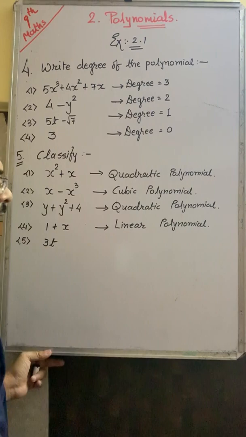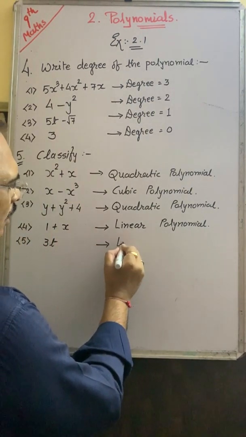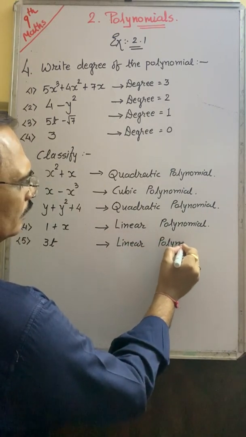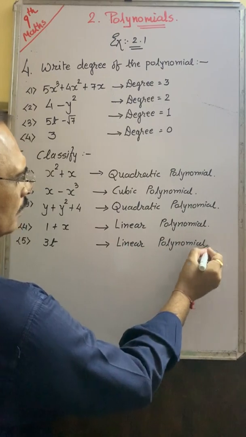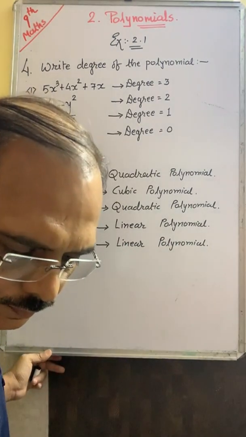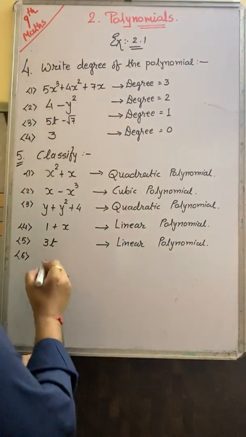See the variable is t and having 1 power only, so it is called linear polynomial. Sixth is r square.